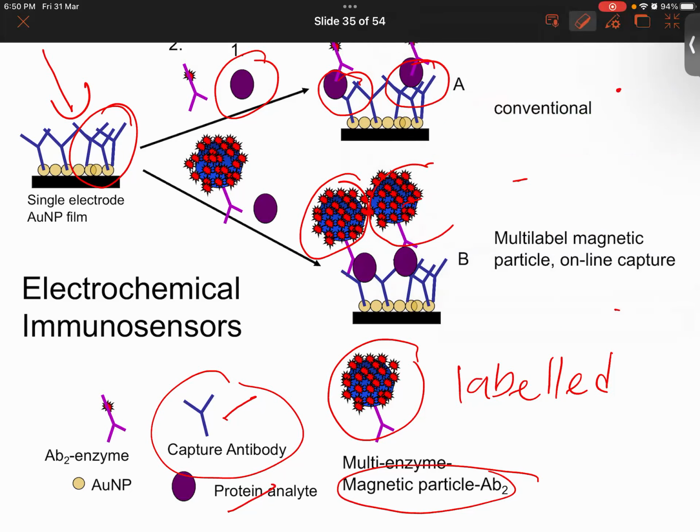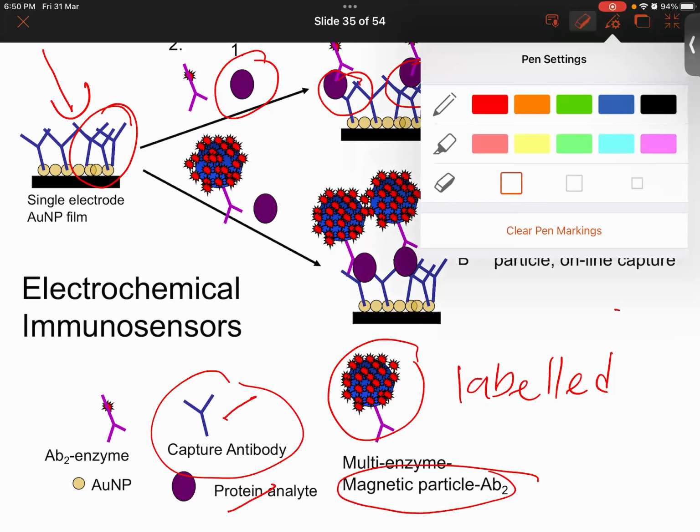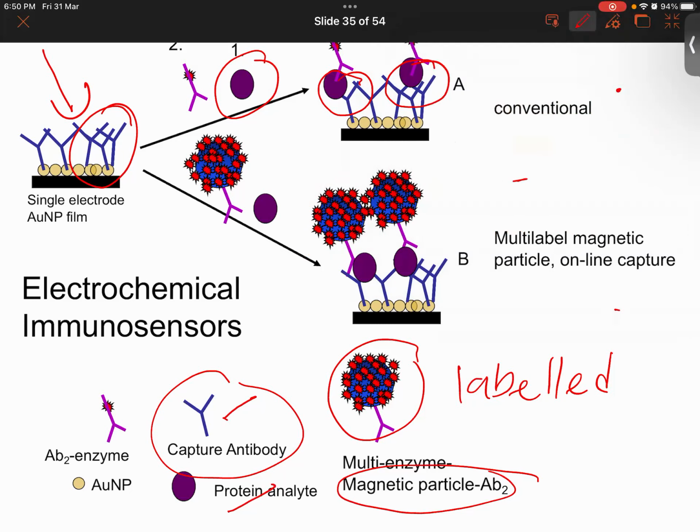All right. Now, let's say there is no antigen, means that the virus is not there. So whatever capture antibody will remain as capture antibody.